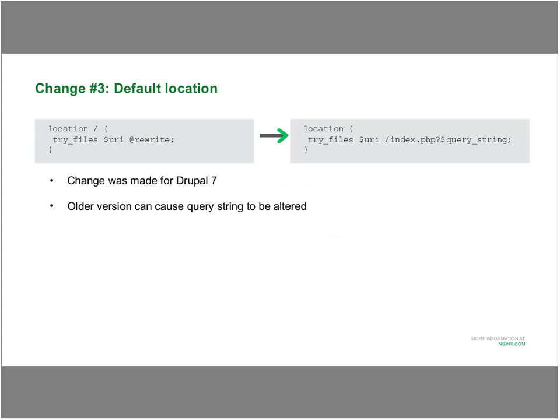With the older configuration, we go ahead and send it to a rewrite block, which rewrites the URI. And in the newer version here, we're just calling out to index.php with the query string. So the older version, the one on the left, can cause the query string to be altered, which can cause functionality to be broken.